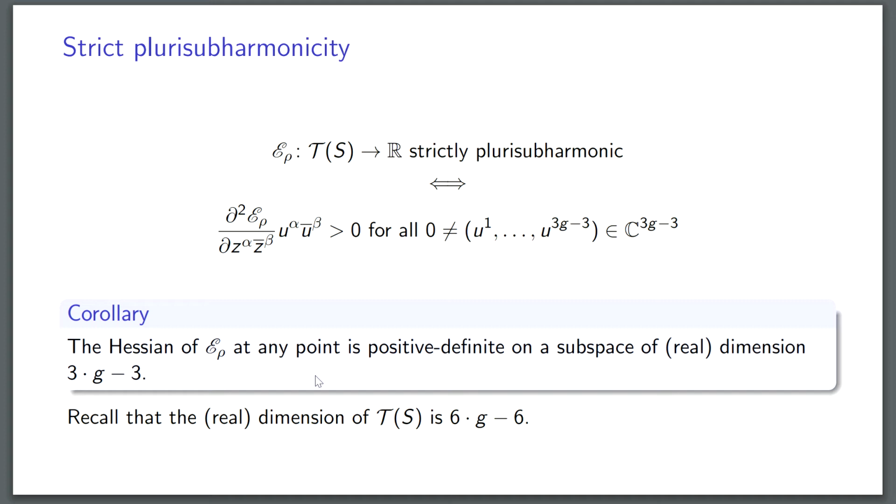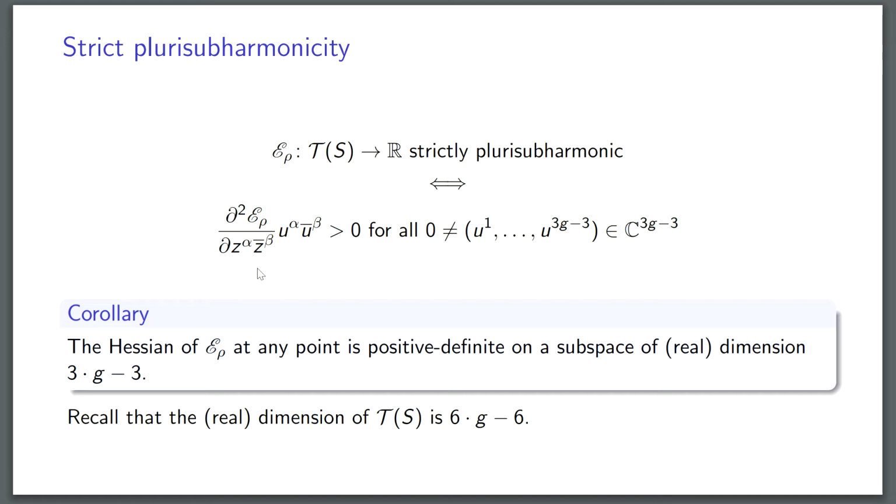The reason for this is that the real Hessian of a function composes into 4 blocks. Well, let me say that again. The real Hessian of a function on a complex manifold composes into 4 blocks. One of these blocks corresponds to the complex Hessian we've written over here.